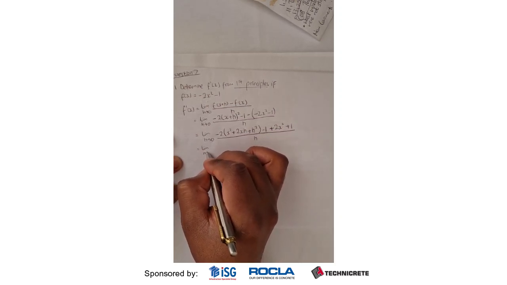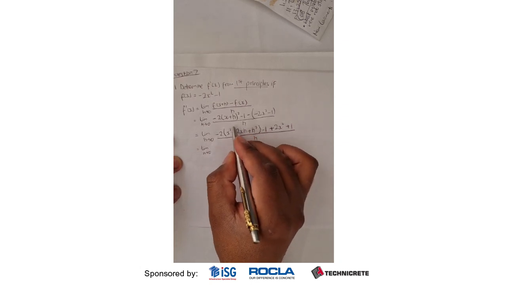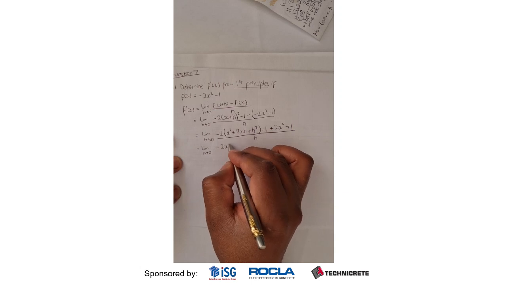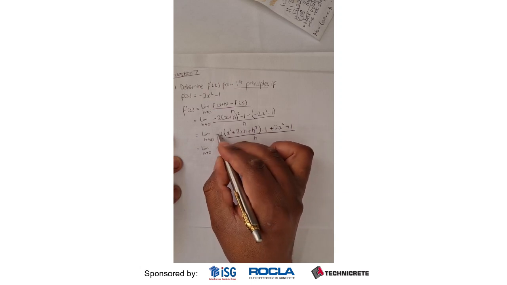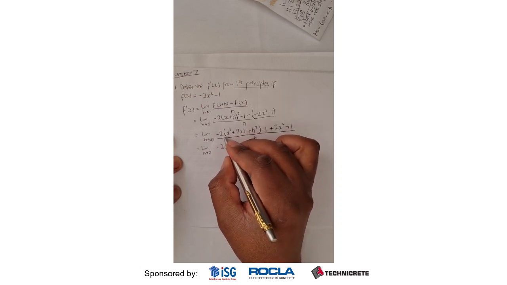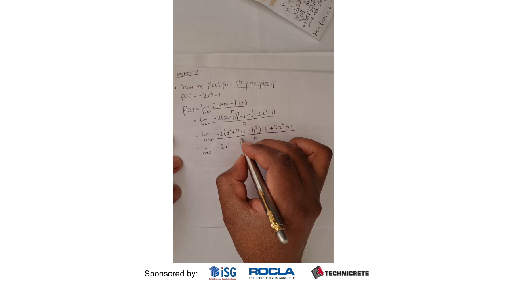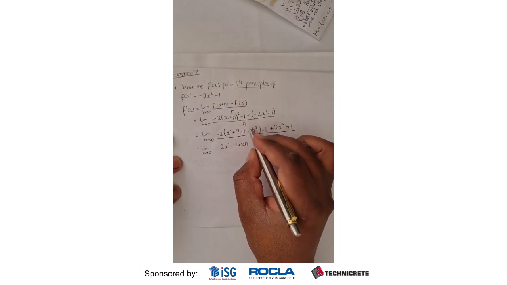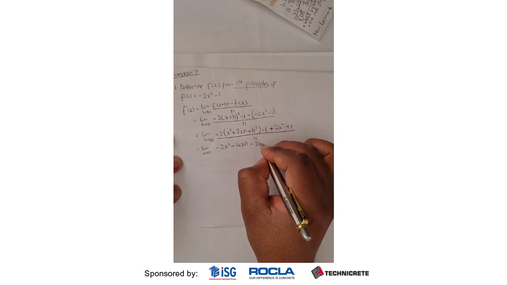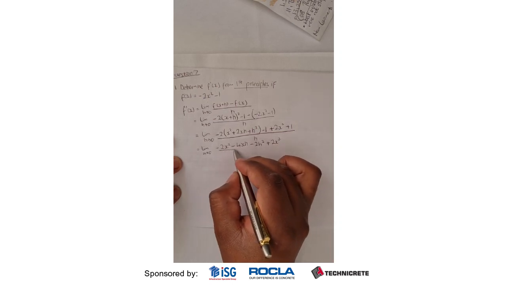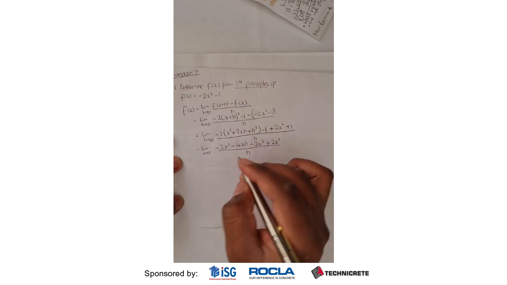So the limit as h tends to 0, multiplying this out, it becomes negative 2x squared minus, when we multiply negative 2 and positive 2xh, it becomes negative 4xh, and then negative 2h squared. The minus 1 and the plus 1 cancel out, and we are left with 2x squared. And all of this is divided by h.